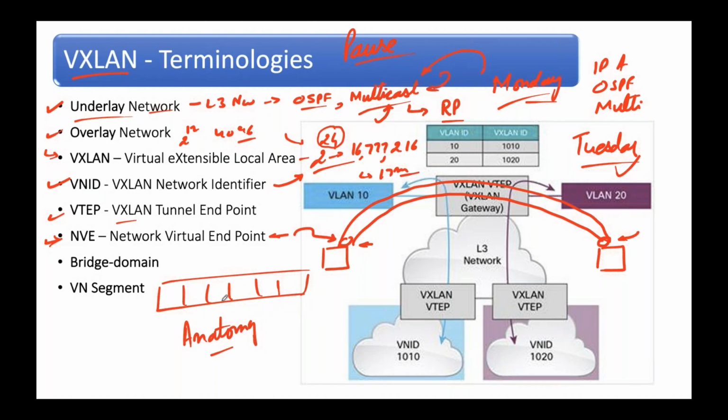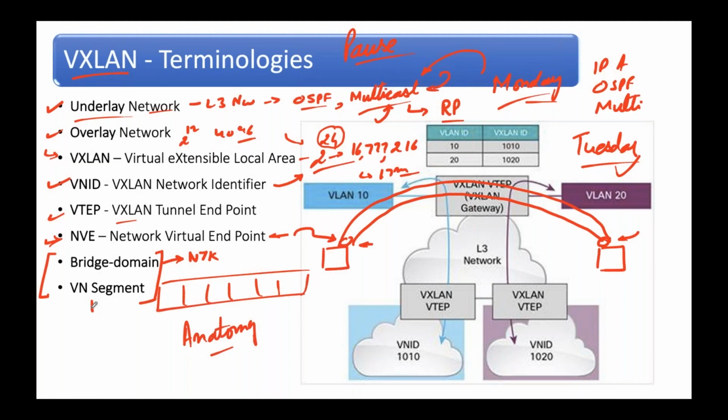Now, there are two similar terminologies, bridge domain and VN segment. You know what? They are the same. We use the terminology bridge domain specifically in terms of configuration when we are configuring VXLAN on Nexus 7K switches.